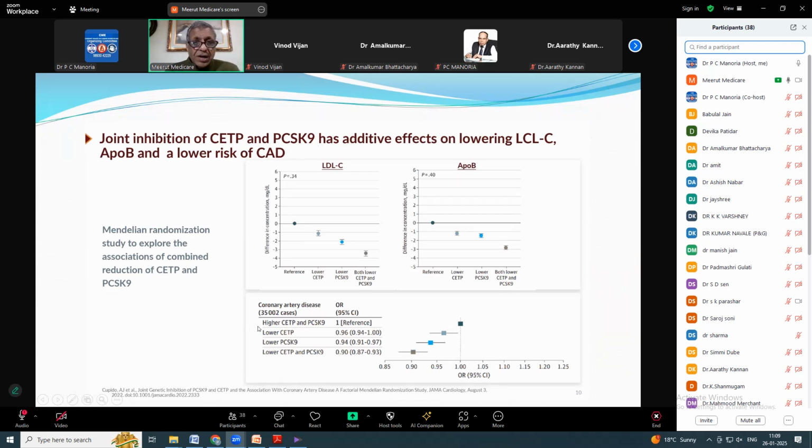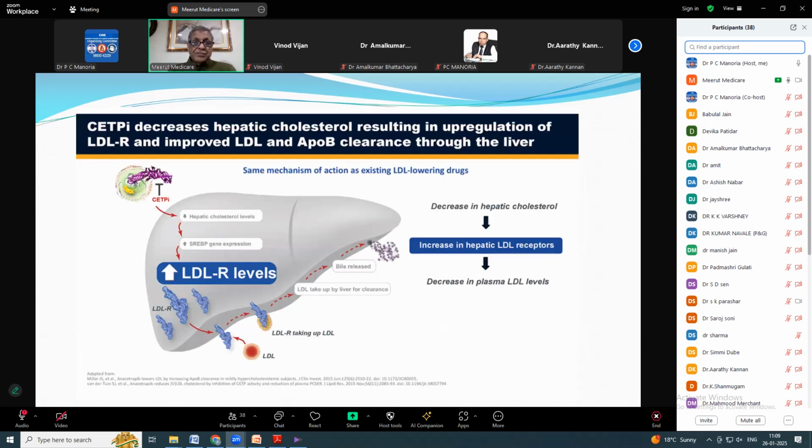So when you have higher levels of CETP and PCSK9, you have the highest risk. When you have both lower levels of CETP and PCSK9, or in other words, CETP inhibition and PCSK9 inhibition, the risk reduction is maximum. So these agents are supportive, not conflicting and competitive.